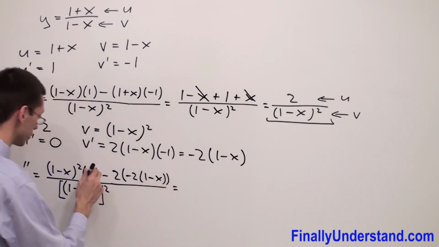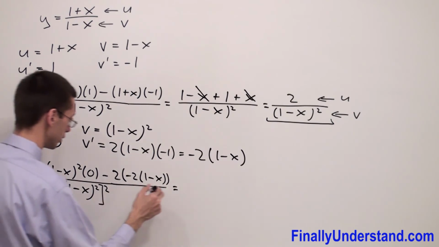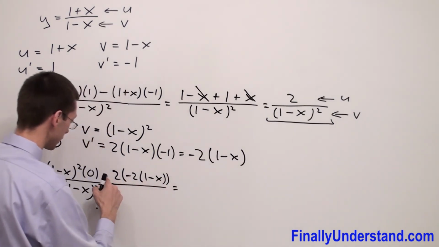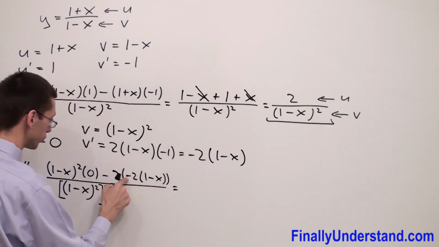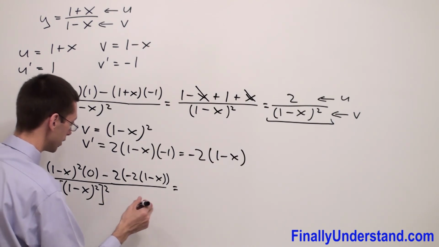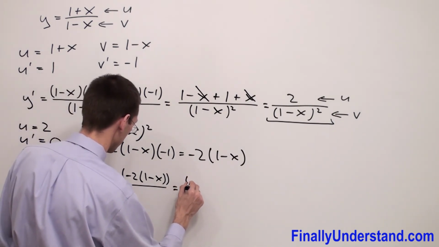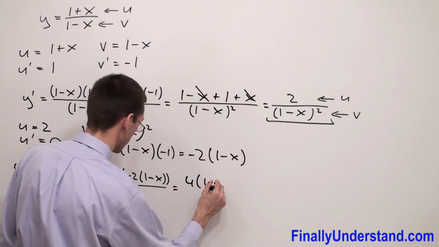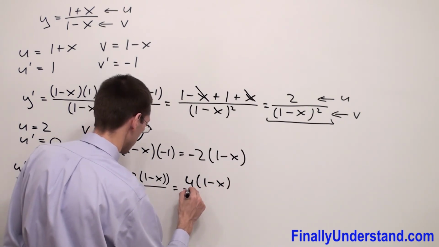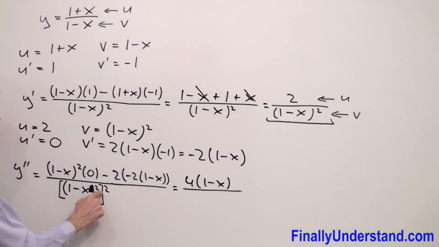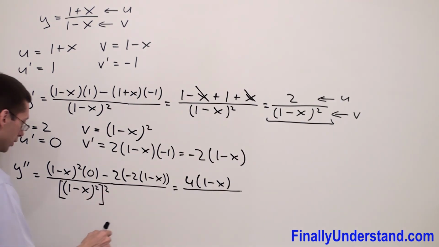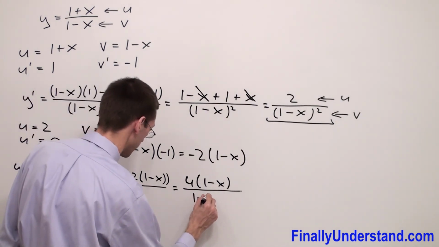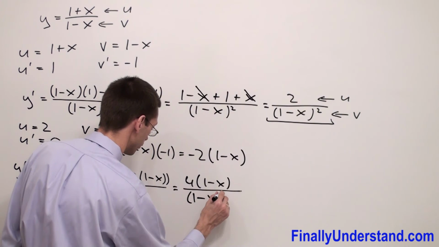This is equal to 0 times anything gives me 0, so don't write it. Negative 2 times negative 2 gives me positive 4, so I have 4 times 1 minus x over, multiplying the two exponents, 1 minus x to the fourth power.